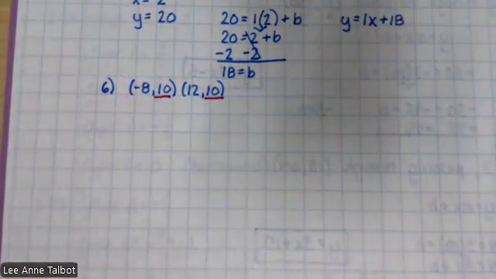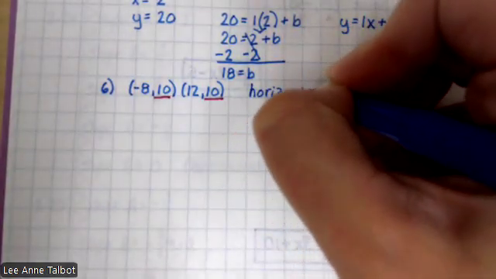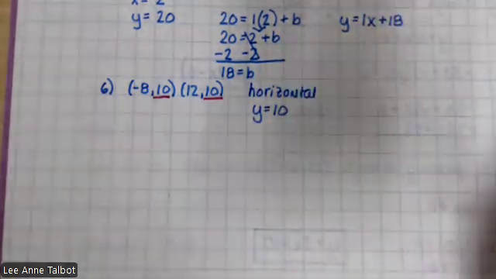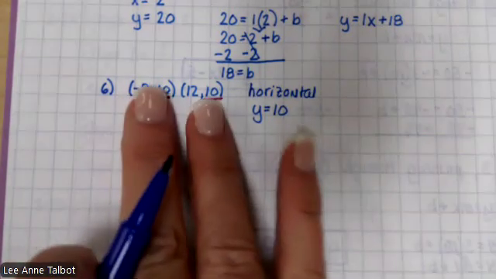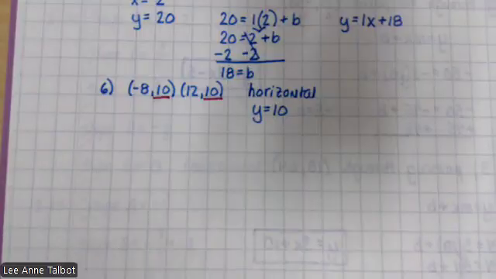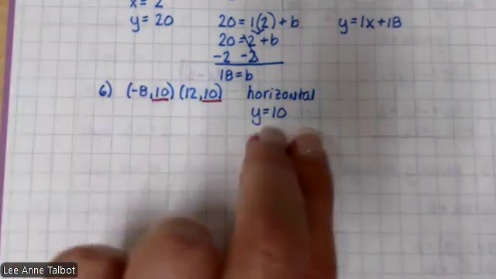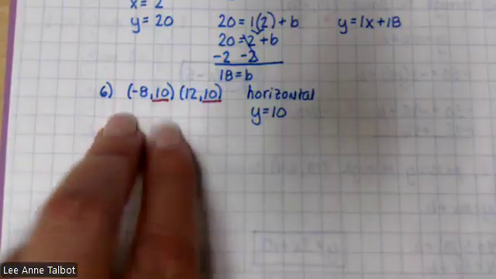I know it's horizontal. So my equation is y equals 10. Why? Because the y's are 10. That's really all the work that you have to show for the horizontal and vertical ones. The horizontal ones, the y's will match. The vertical ones, the x's will match.